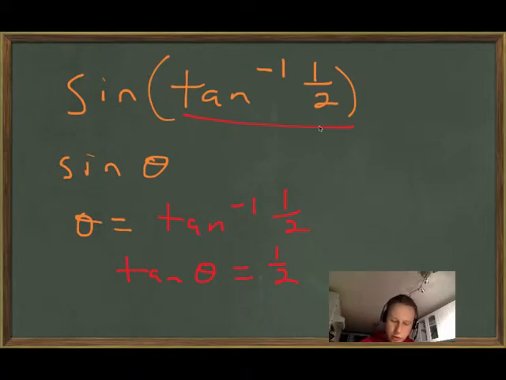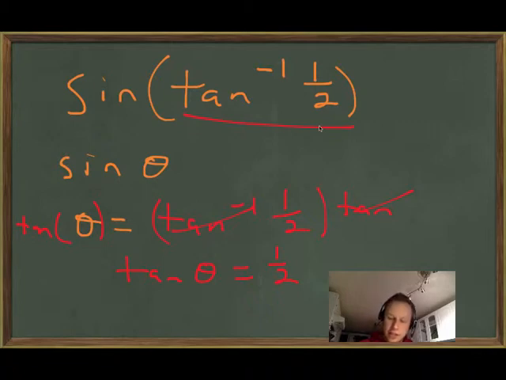Because we take this and multiply it by tangent, and we take this and multiply it by tangent. The inverse tangent and the tangent cancel, leaving us with tangent of theta, which equals a half.